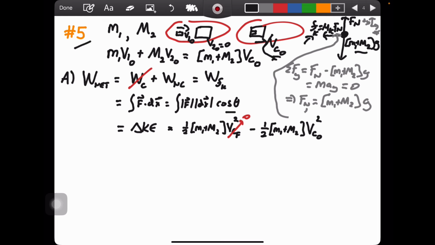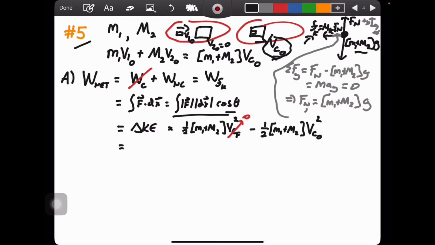That's this term right here, just as the bullet embeds itself into the block. Now remember, this is equal to this term right here. So I'm going to express this term out more specifically now, where I know that the force is going to be this force of kinetic friction.